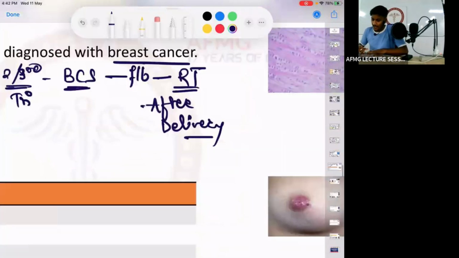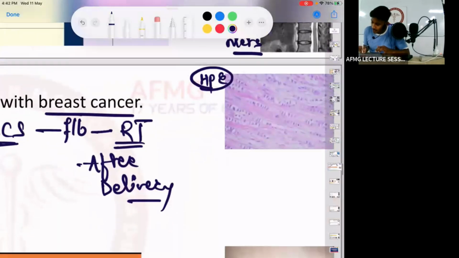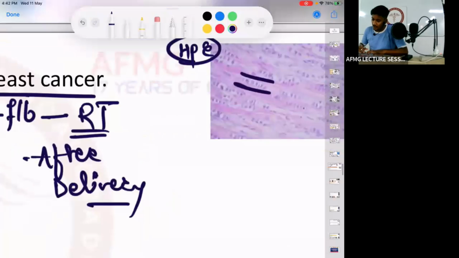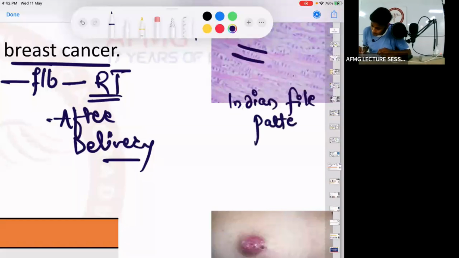याद रखना. Then if I say, what is this histopathological examination showing you? Very good. It is showing you cells which are arranged one behind the other. This kind of arrangement of malignant cells is known as which pattern? Single file pattern or Indian file pattern.